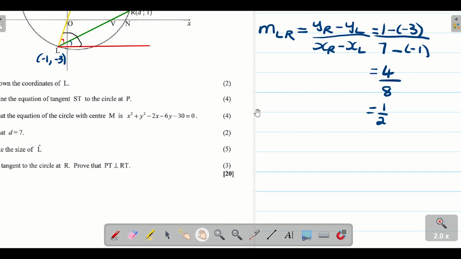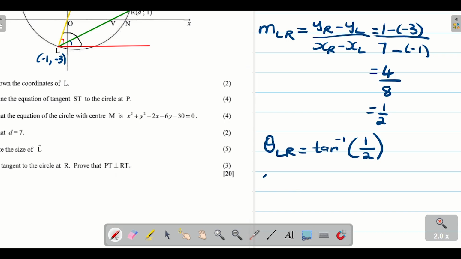So we have the gradient of LR, and from there we can find the angle of inclination of LR to be shift tan of a half.